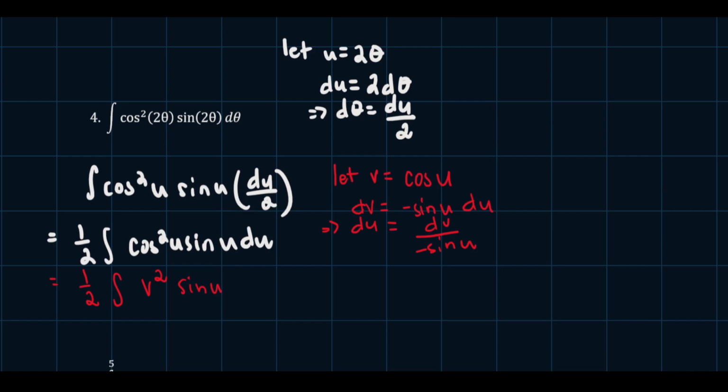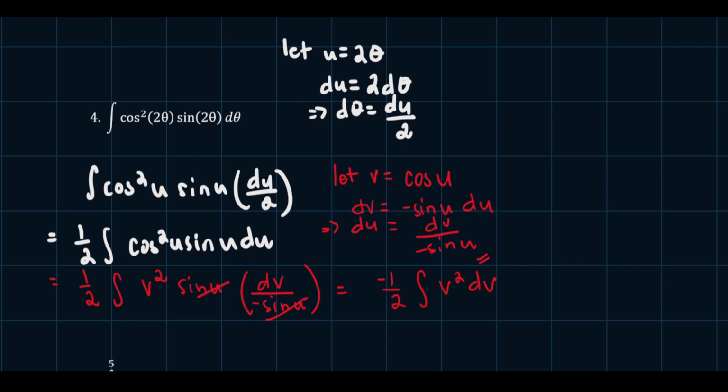So, papalitan lang natin yung du ng nakuha nating value na to. So, dv over negative sine u. So, these will cancel out. May matitirang negative. And then, ilabas natin yon, negative 1/2 integral ng v squared dv. Okay, and then just solve this simpler integral problem.